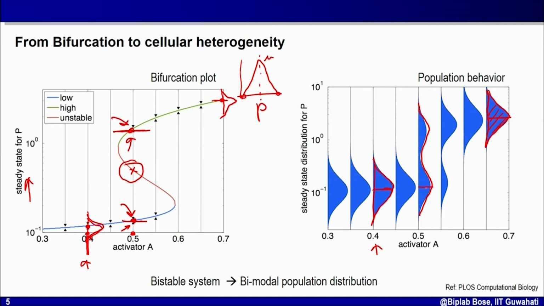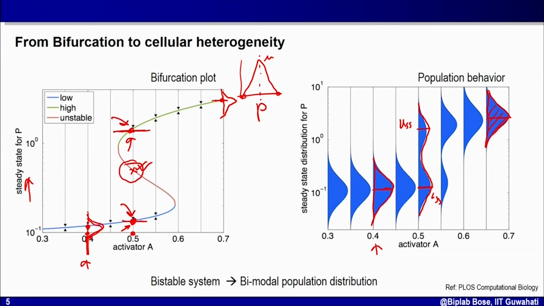This lower peak is the average value coming from this lower steady state, and this peak is coming from the upper steady state, and both of them are stable. No cell will reach this intermediate steady state which is unstable.